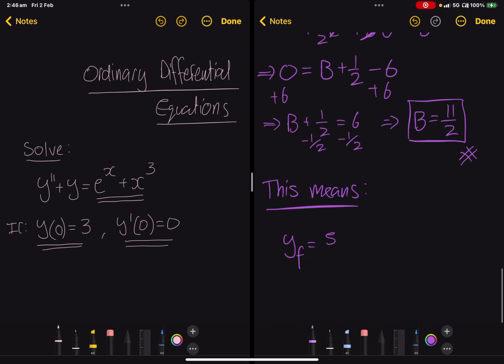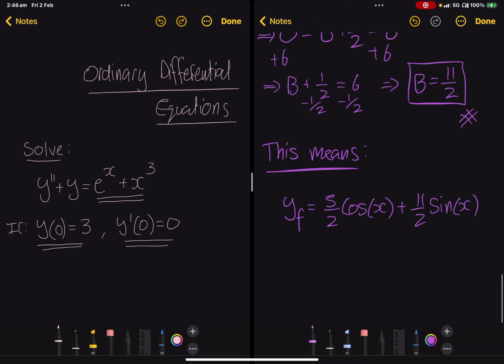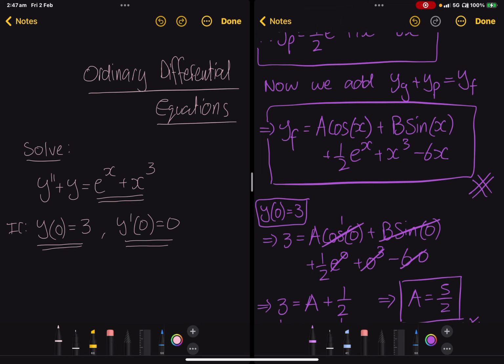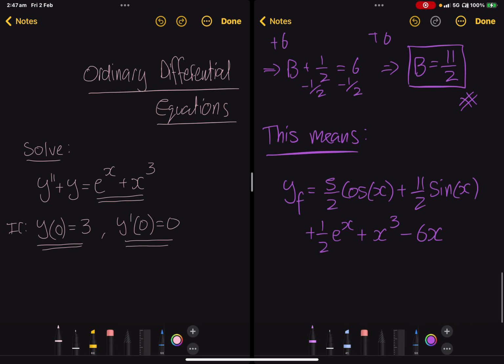So it's going to be 5 on 2 cosine x plus 11 on 2 sine x plus 1/2 e to the x plus x cubed minus 6x. So this is the y full solution we had up here, but we've now found the a and b values. So pretty much at this point the question is mostly done. This is the answer that we're after.